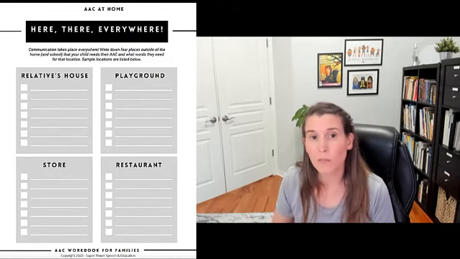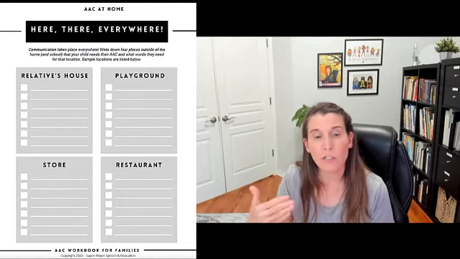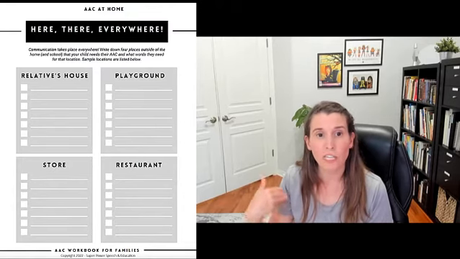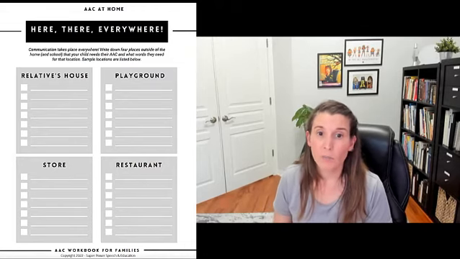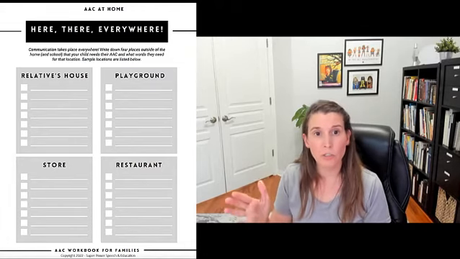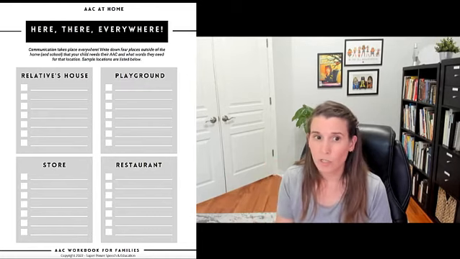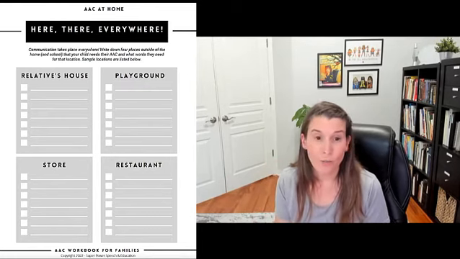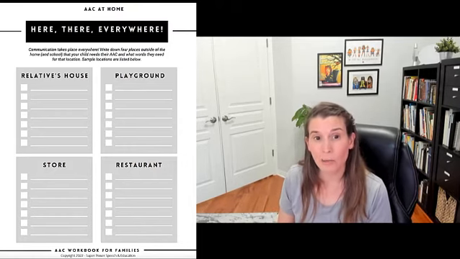So go through some of the most common places that your family likes to go and write down what are some words that your child can be learning when they're in those locations.